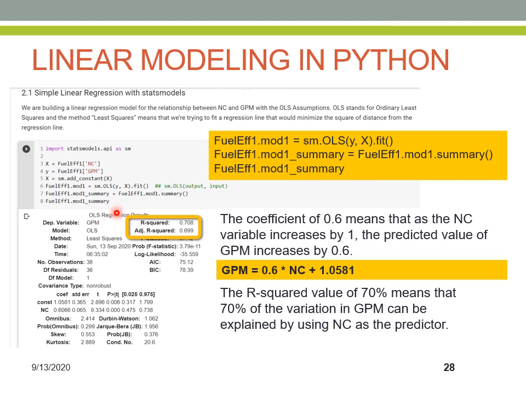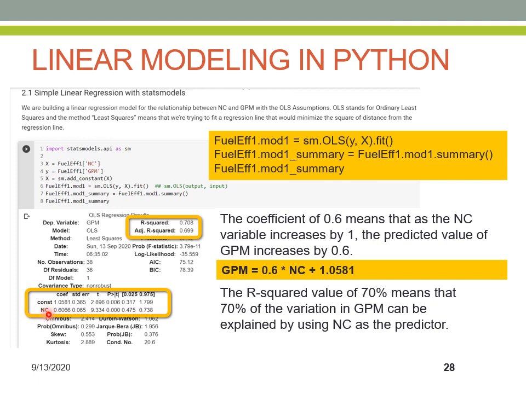The first thing we're seeing is that our R-squared value is at about 70%. That means that 70% of the variation in GPM can be explained by using NC, that is number of cylinders, as the predictor. Secondly, we're seeing the coefficient table right here. The constant is 1.0581.